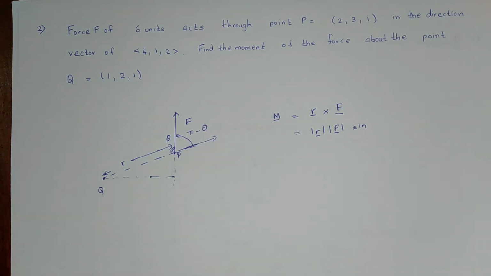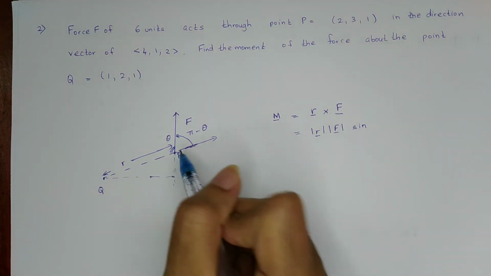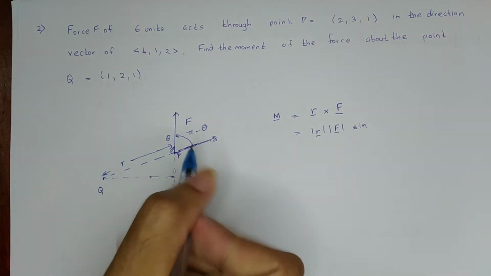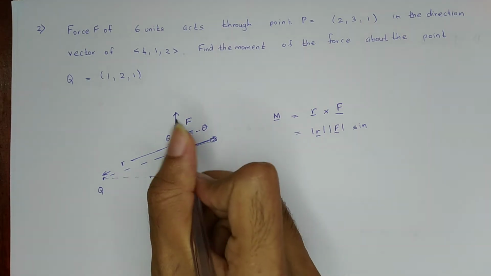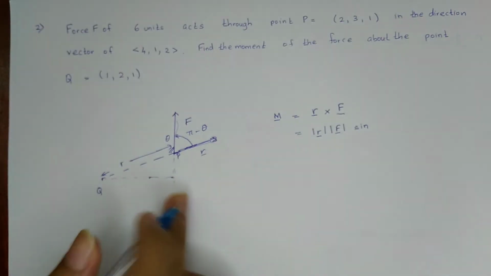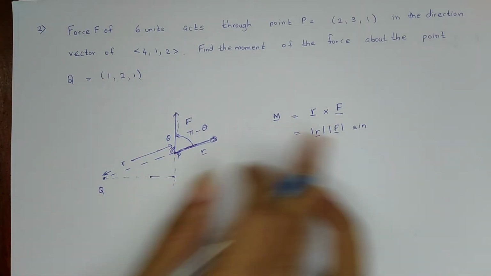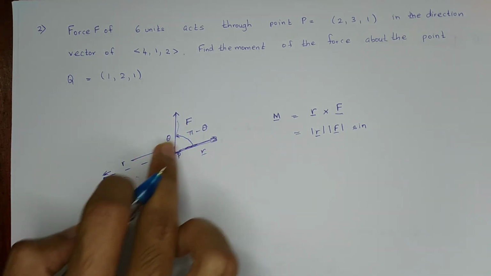When we are doing the cross product, we need to figure out the angle between these two vectors, which means the vectors are starting from a common point like this. If I consider this is R and F, and the angle between these two vectors, please note that we can't put theta directly.